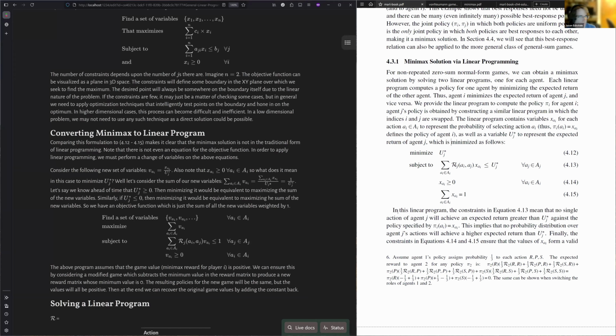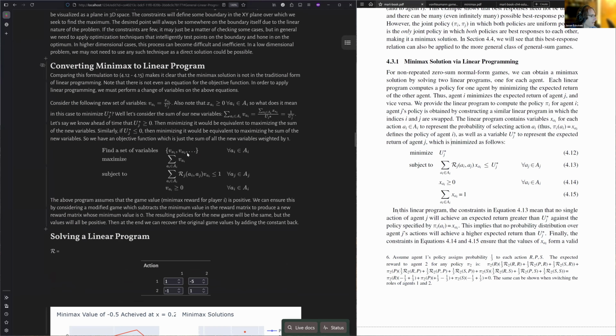Like if we just add a constant to this, because this is a linear program, it won't change the point, which is the optimization point. Now it will change the value, right? But we can always recover the original value by adding the minimum back in, right?